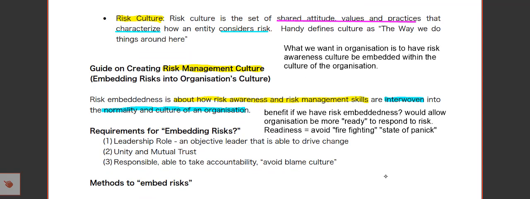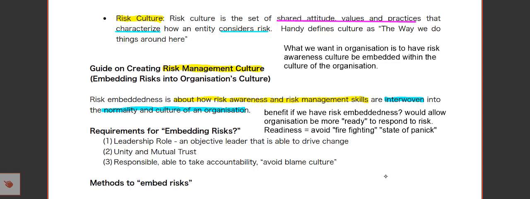Now, the whole idea of culture is about how we can have everybody have the same kind of attitude, sharing the same kind of values and practices, and the way we behave and our actions would characterize the way we look at risk.